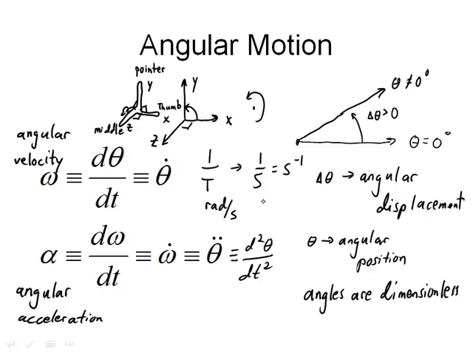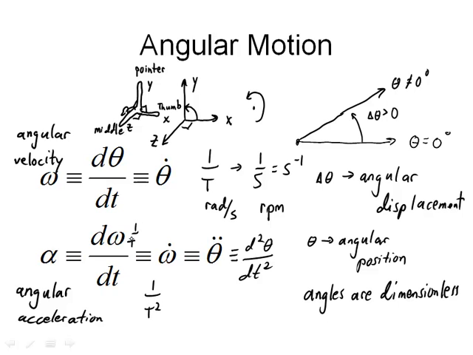You could have degrees per second, but something that's actually more common would be RPMs, and that's revolutions or rotations per minute. That's an angular velocity, not the unit that we prefer, but we use it quite often, so it is a very common unit. Angular acceleration, similarly, is 1 over time squared.